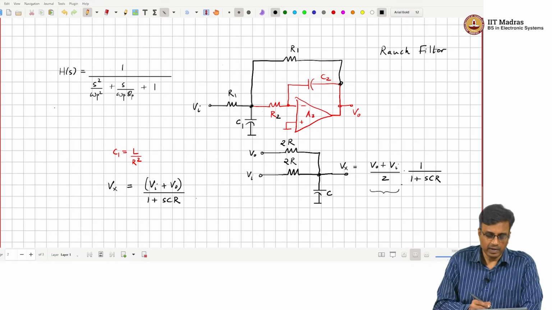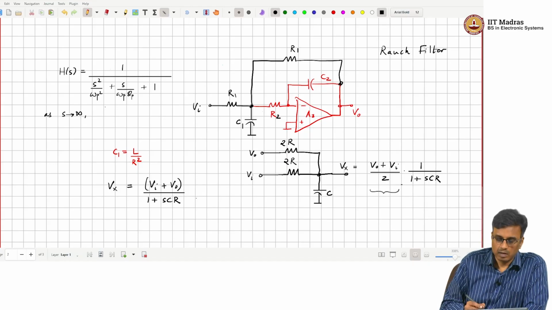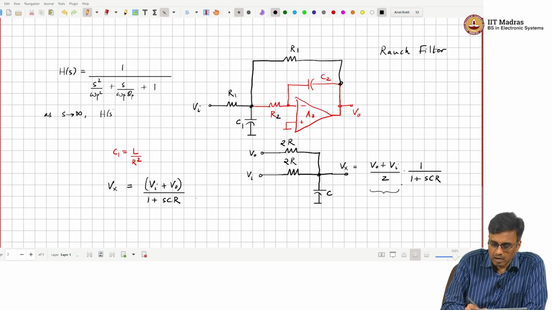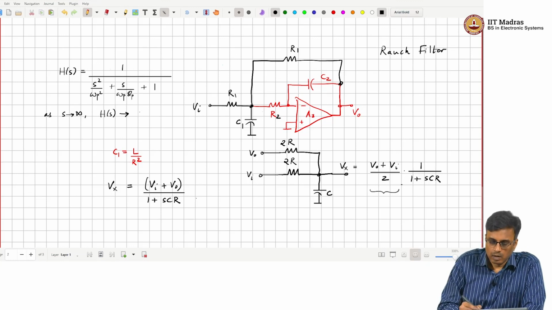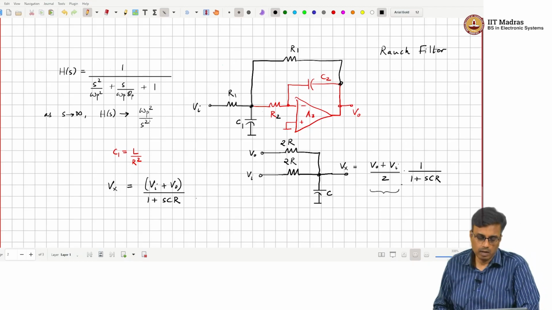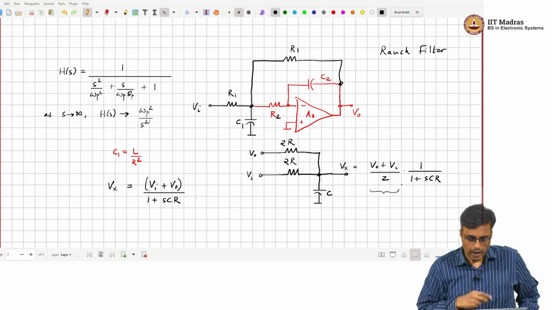At high frequency, how does H of S behave? Omega p square over S square, correct?